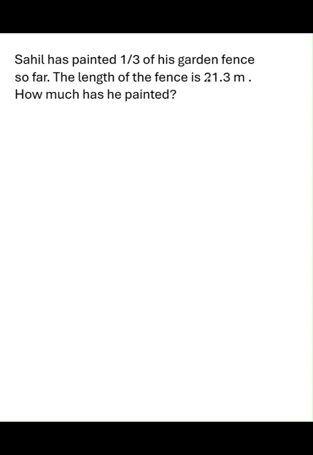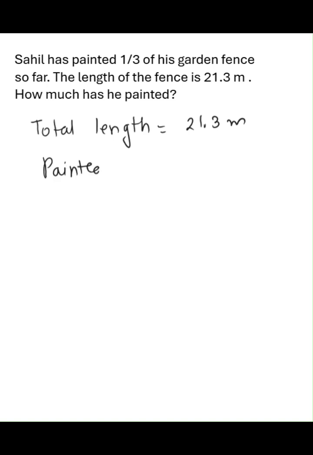Sahil has painted 1/3 of his garden fence. The length of the entire fence is 21.3 meter. So the total length is 21.3 meter. How much has been painted? Painted length is 1/3.